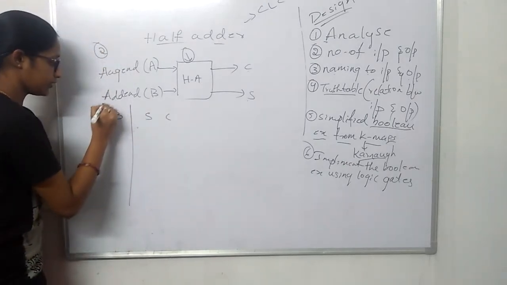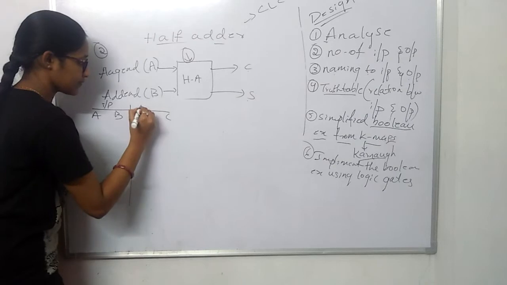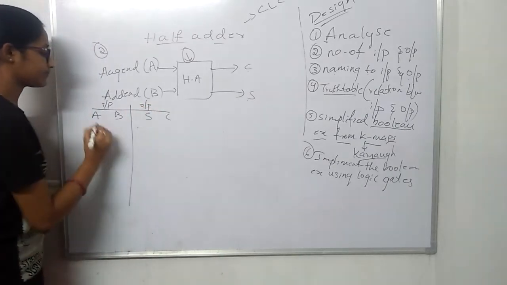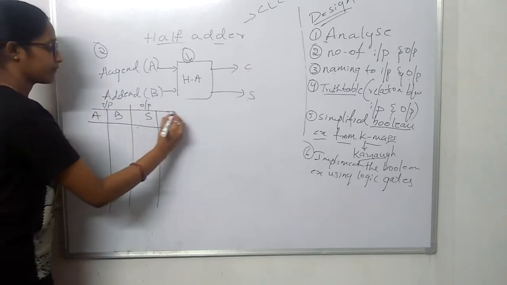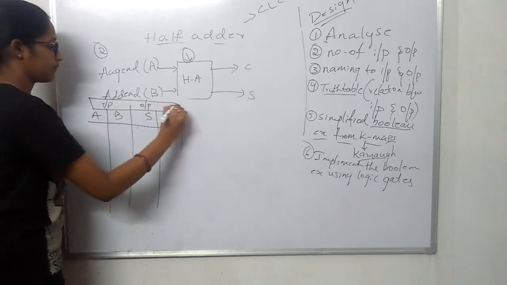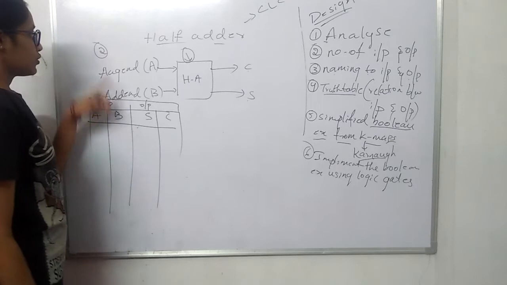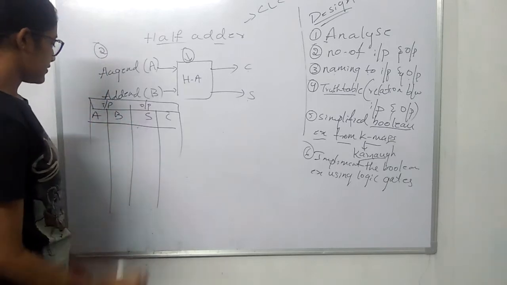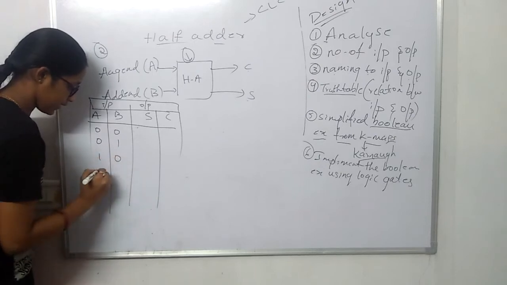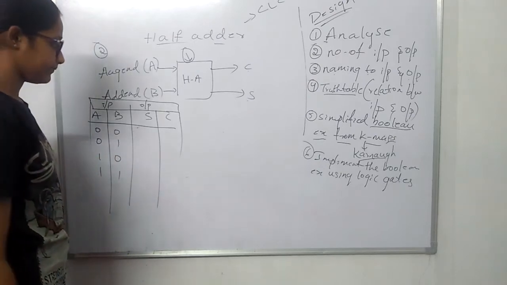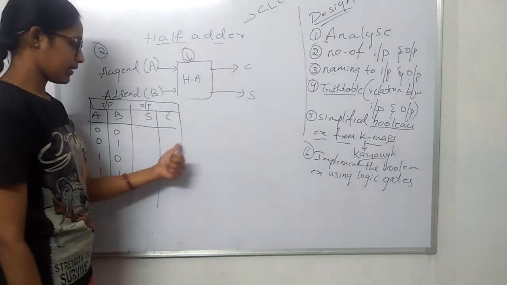This is our input and this is our output. So 2 inputs means 4 combinations. Those combinations are 00, 01, 10 and then 11. Then you get sum and carry.